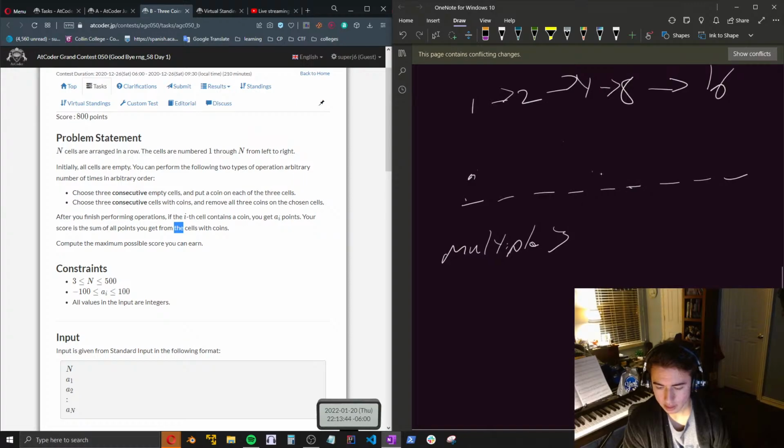Remember, we have this state. Alright, so I'm gonna make some pretty big conjecture: look at groups of 3 coins on the board.